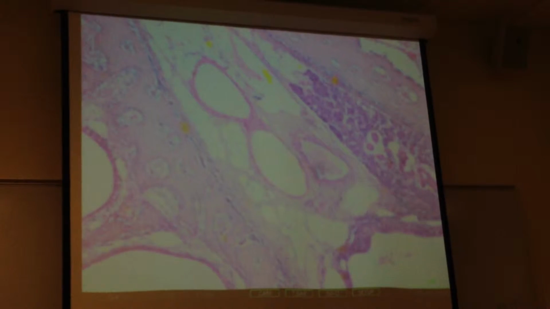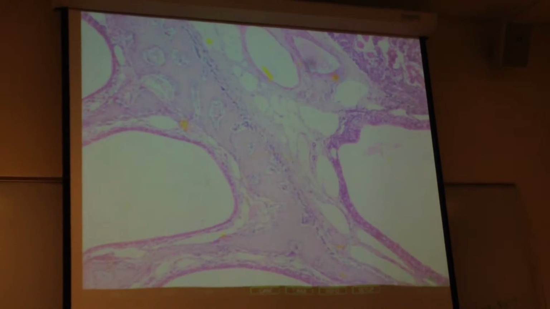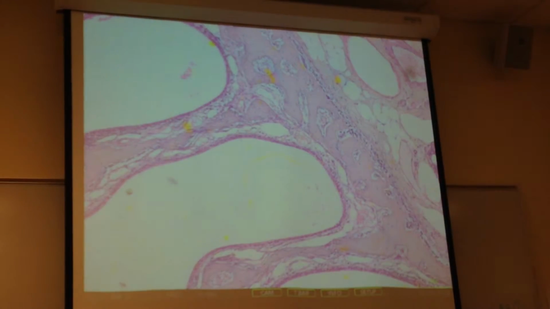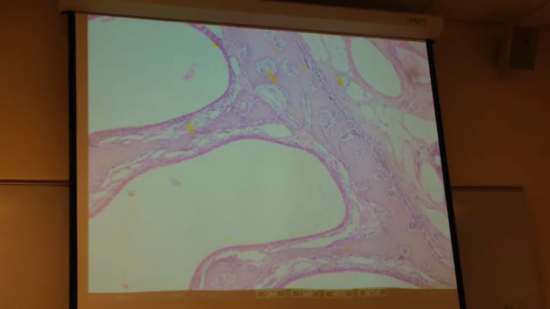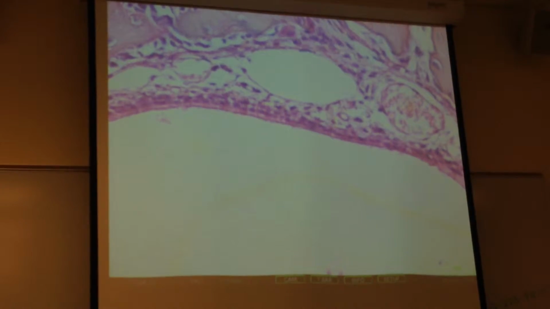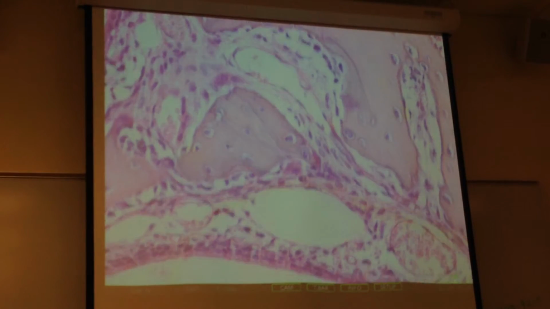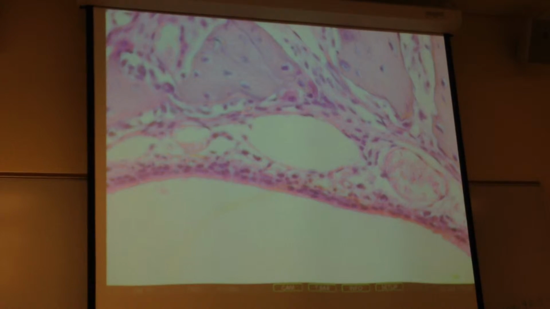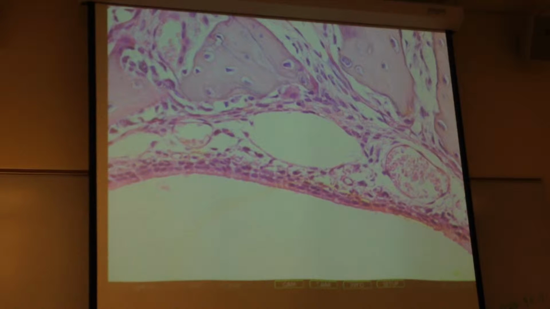Let's put it at medium power. Just a second. Focus there. At medium power, right here, we're going to focus in that region right there. And then at higher power, we can see a little bit better that pseudostratified epithelial tissue. You can just barely see that on there.